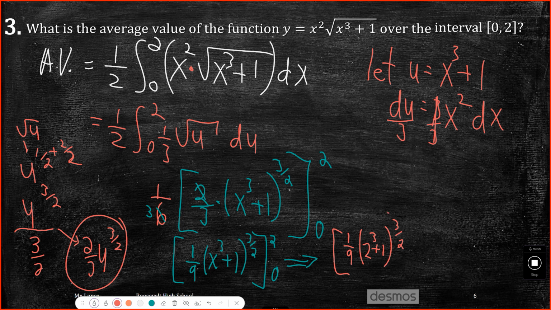Then this quantity minus, well, for the other one, we're going to plug in minus 1/9, x is 0, and another parentheses, plus 1 to the 3/2.